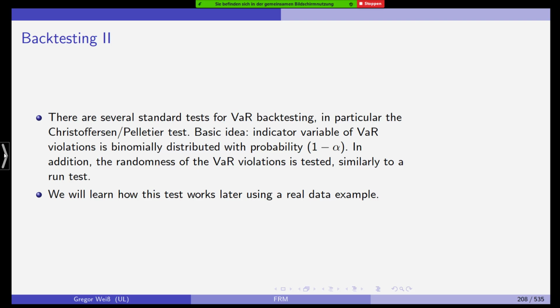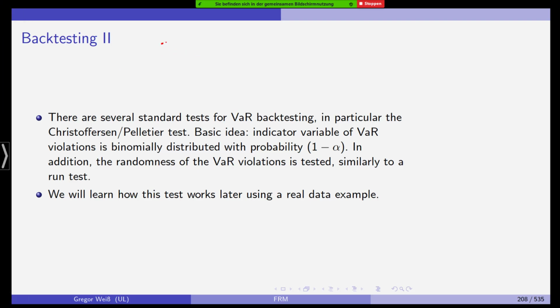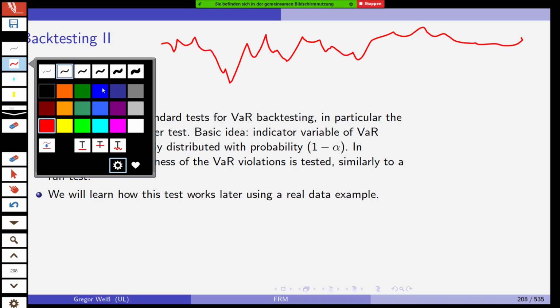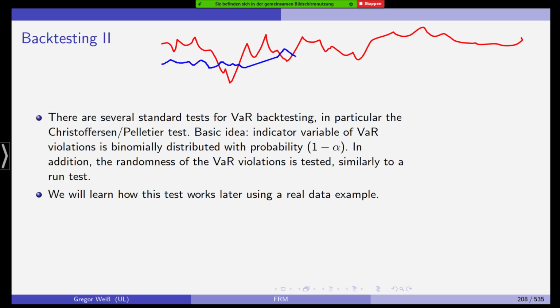builds on the Kupiec test, and the basic idea is that you have an indicator variable of VaR violations, and you would say, well, let's say we have our losses here, and we have our VaR estimates. Let's use a blue line. Say here, okay.